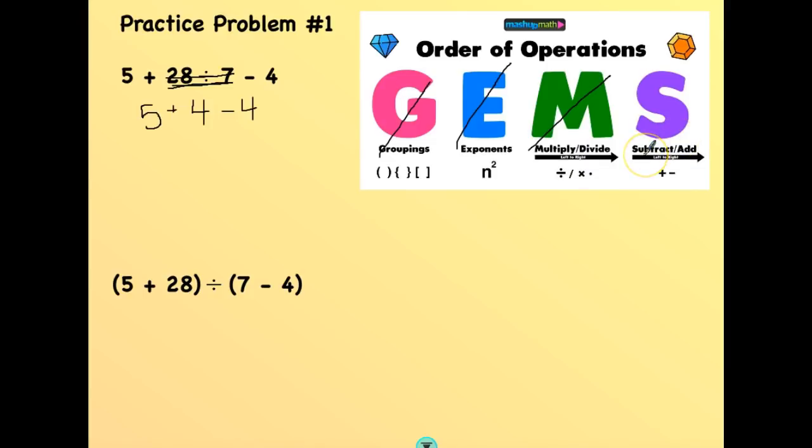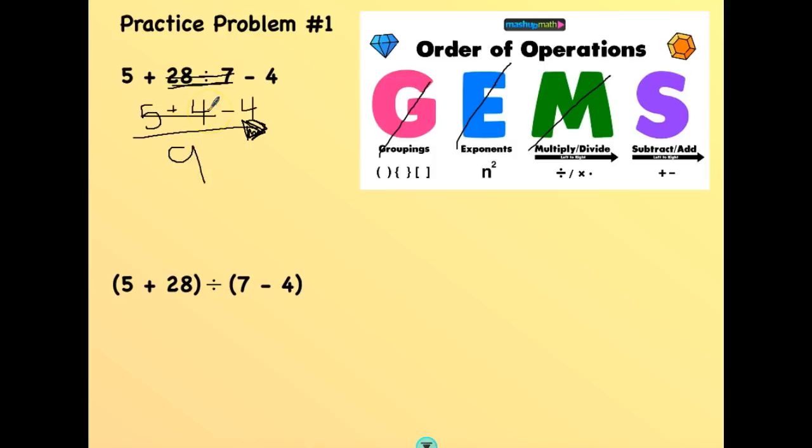Now again, subtraction and addition from left to right. So that means I start on this side of my problem and I move in this direction. Whichever one comes first is the one that I solve first. So I see 5 plus 4 first. So that's what I'm going to do first. 5 plus 4 is 9.